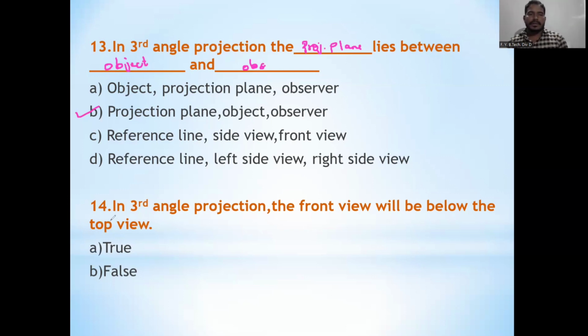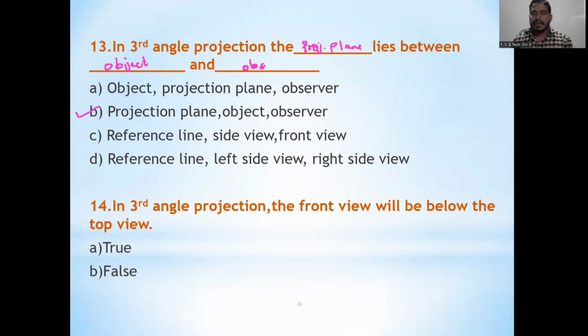Now next, 14th: in third angle method of projection, the front view will be below the top view. So we'll see something about this. How is it in the case of the third angle method of projection?